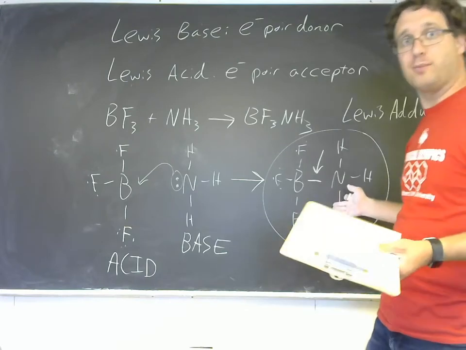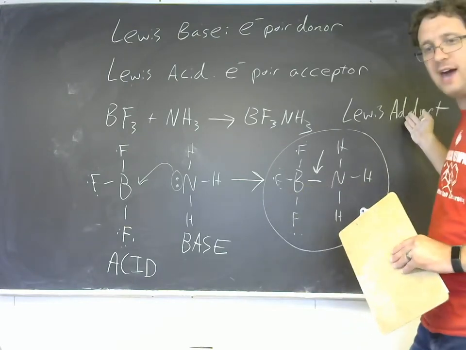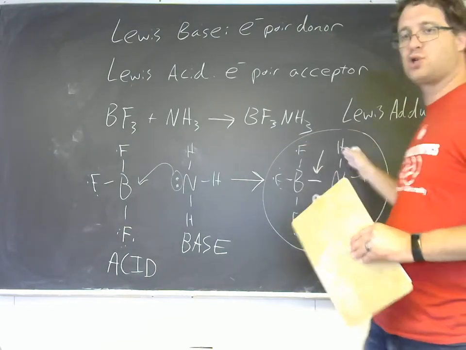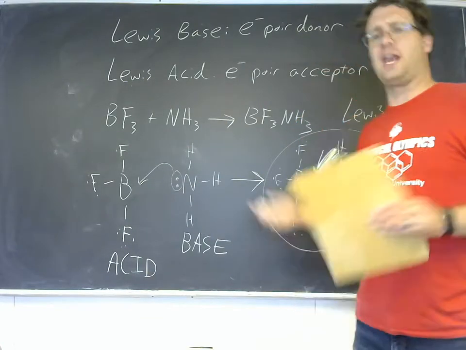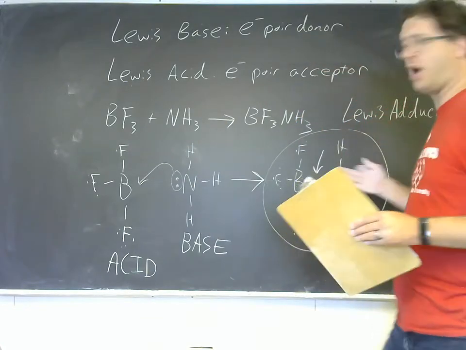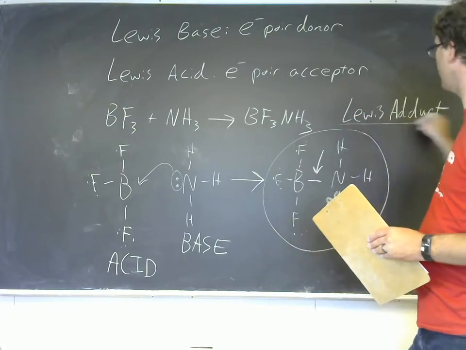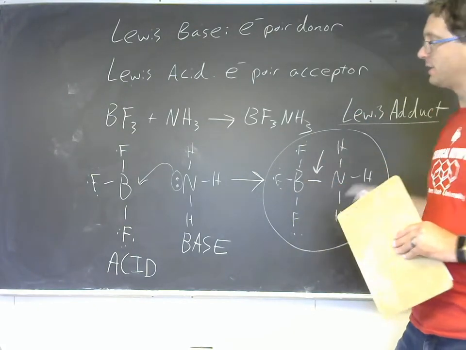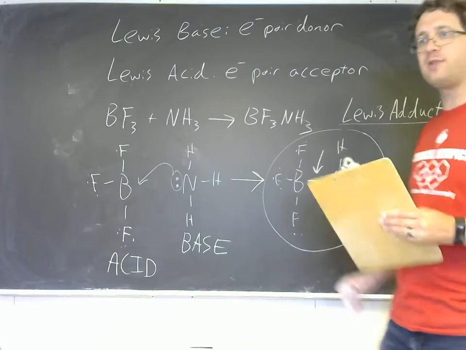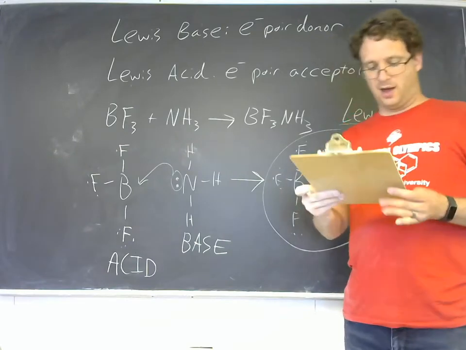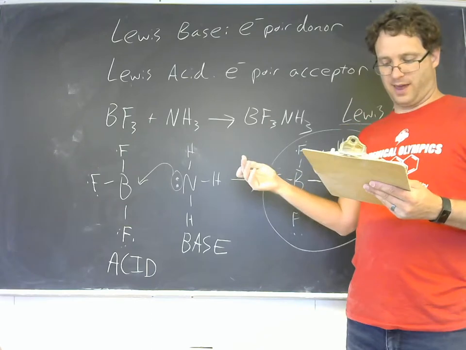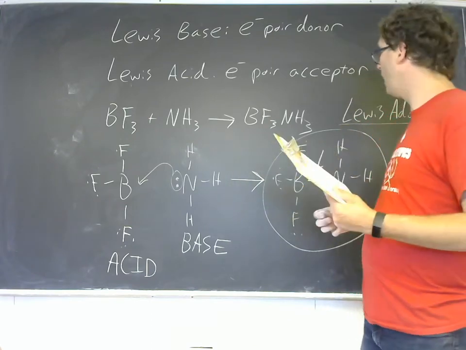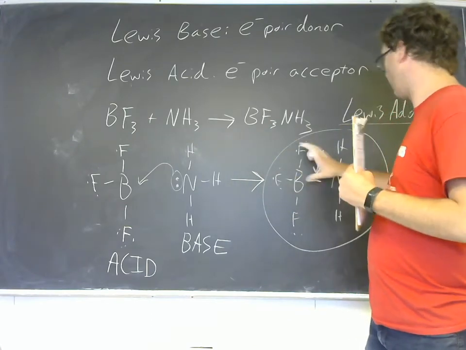There's only one product, and so this Lewis adduct is sort of like the mutual conjugate to both of these. Anyway, that's an awkward way to phrase it, so we just gave it its own name. Lewis adduct is what you get when the Lewis acid and Lewis base form that new coordinate bond together with each other and form this larger compound.